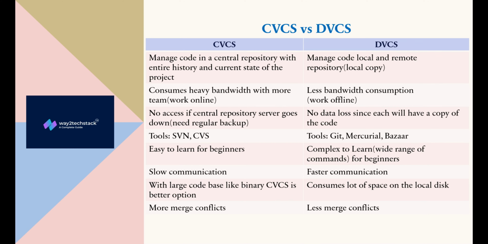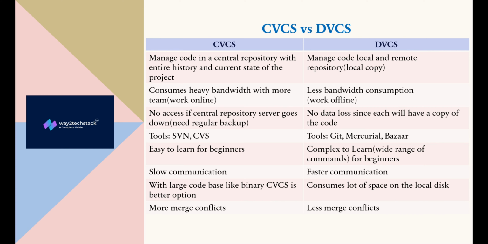The next point is that CVCS consumes heavy bandwidth with more team members. Let us say if your team size is large, everybody will try to contribute to the development, right? Then those people will consume a lot of bandwidth. If you don't have proper bandwidth, that will affect your development as well, to push the changes. In those conditions, what is an alternative we have? DVCS. It will consume less bandwidth. Why? Because most of your work is done offline.